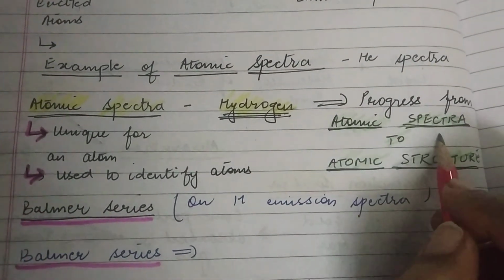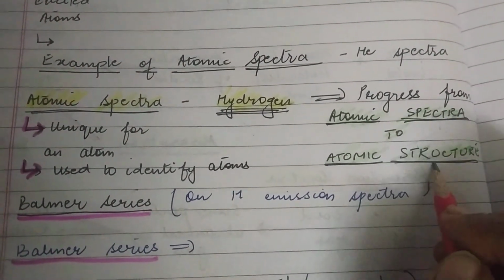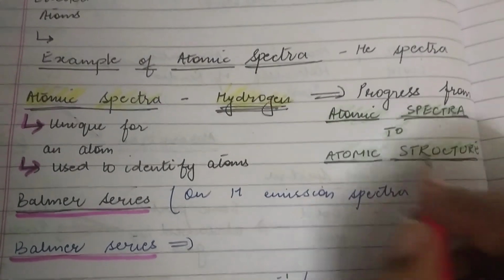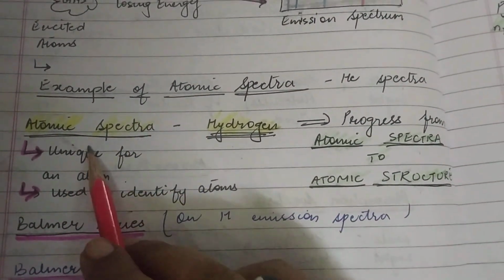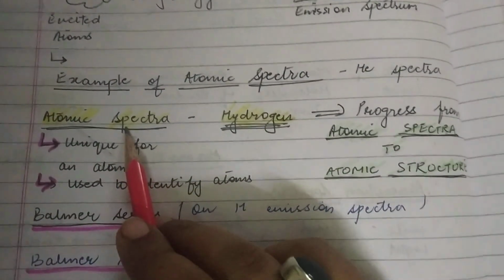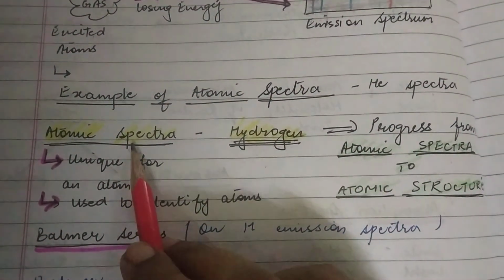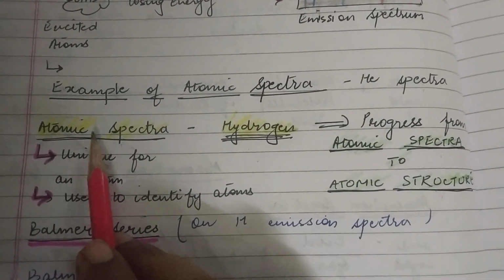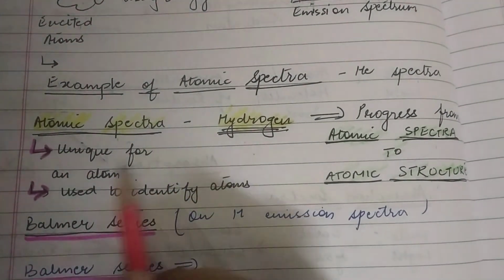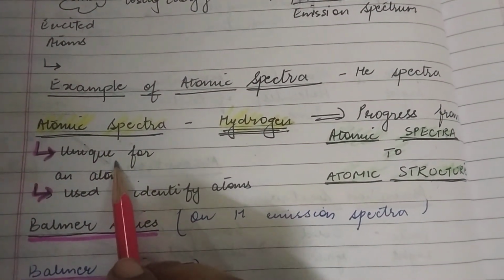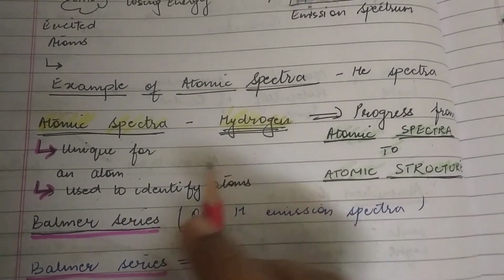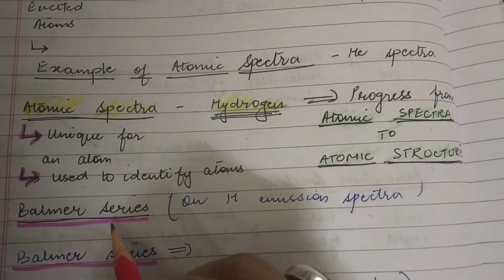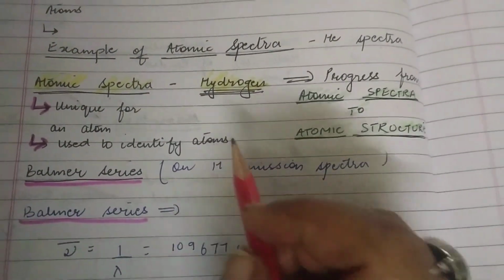So the studies conducted on atomic spectra were very, very important in establishing the atomic structure. Now students, please keep this in mind that atomic spectra is unique for an atom, and because it is unique for each particular atom, it is used to identify atoms.